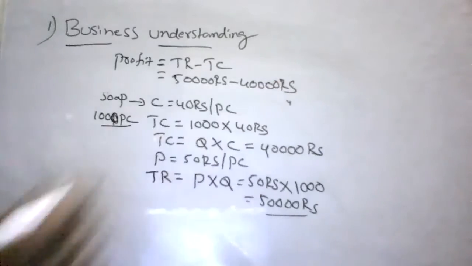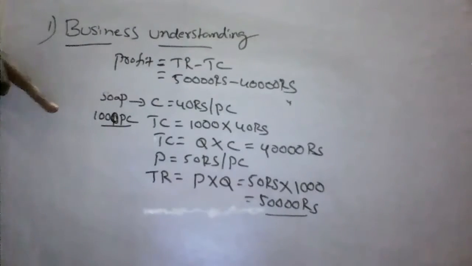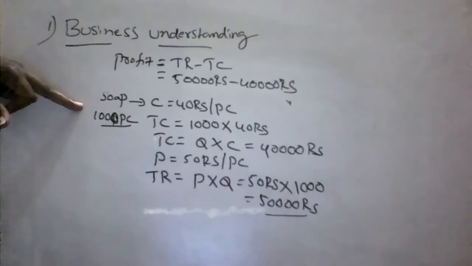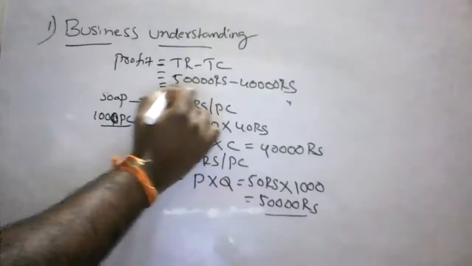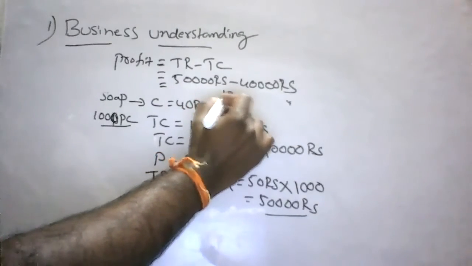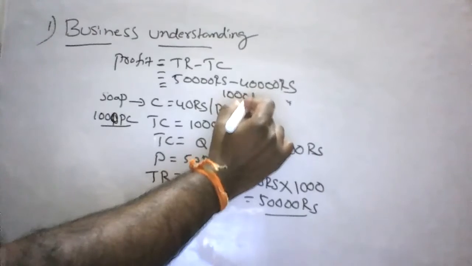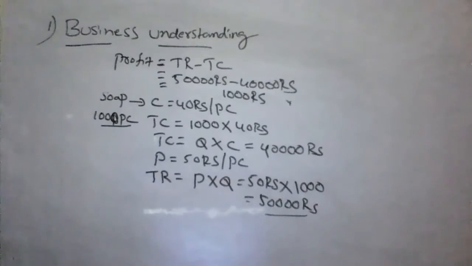That means from selling 1000 quantities in the market after my manufacturing, the profit is 1000 rupees. 1000 rupees is my profit in a day after selling 1000 pieces.